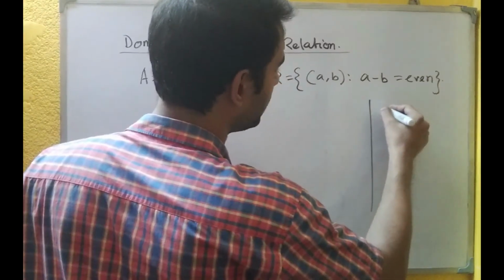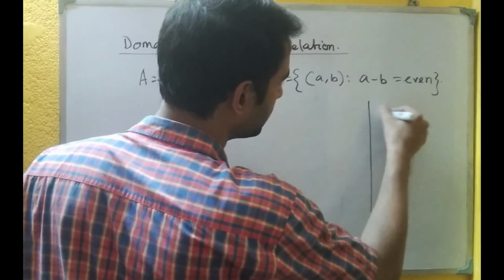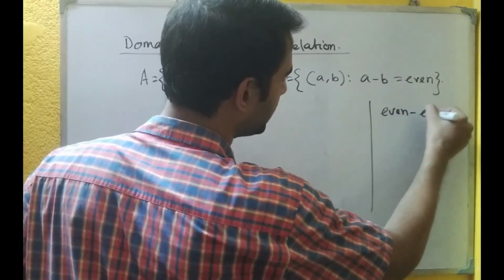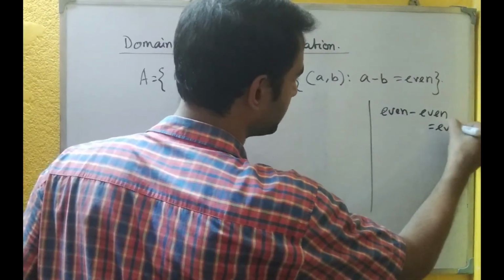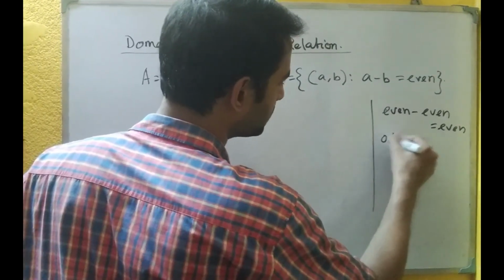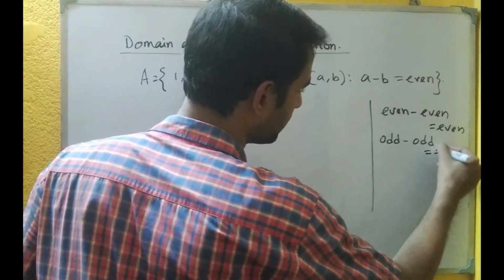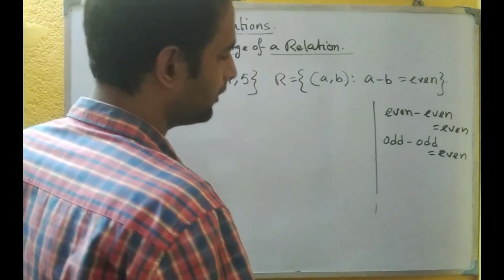See the scheme. If we are taking both the numbers a and b as even, then we know that even minus even is always even. If you are taking both the numbers as odd, then their difference is again even.